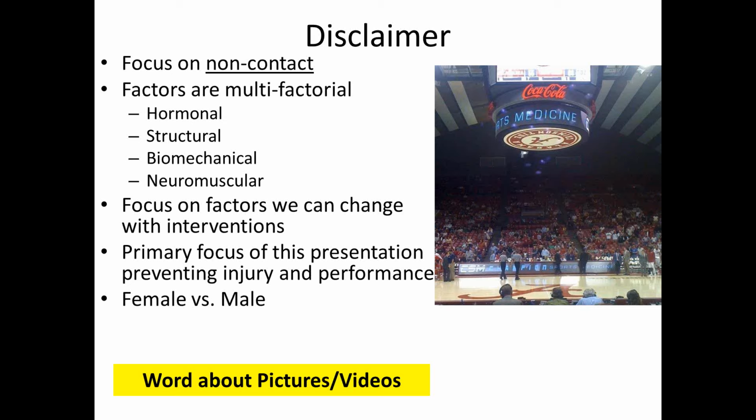The focus of our presentation, our assessment, and our research is on those factors that we know we can change with some form of intervention. And that is the primary focus of this presentation: what is the impact of those movements, of those pathokinematics, on both injuries as well as athletic performance.